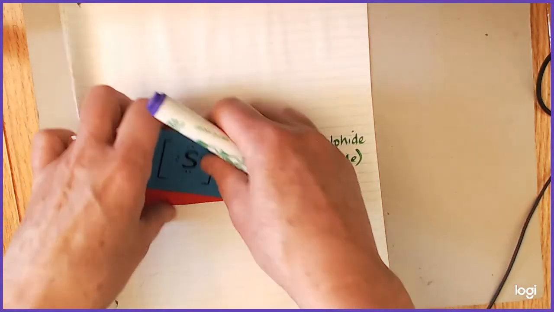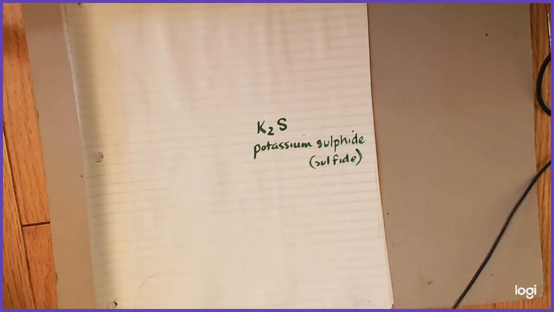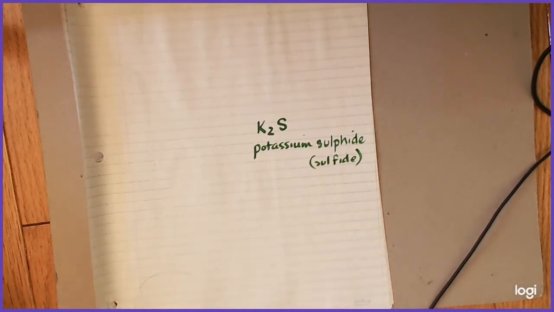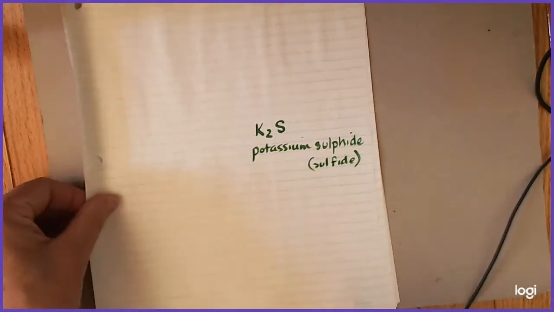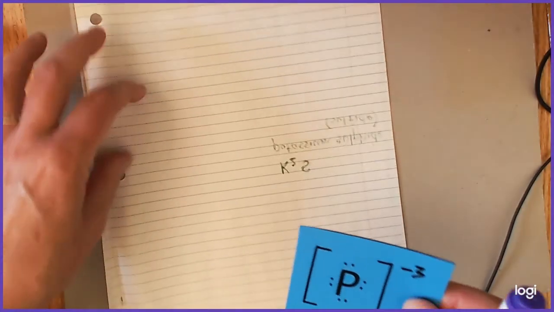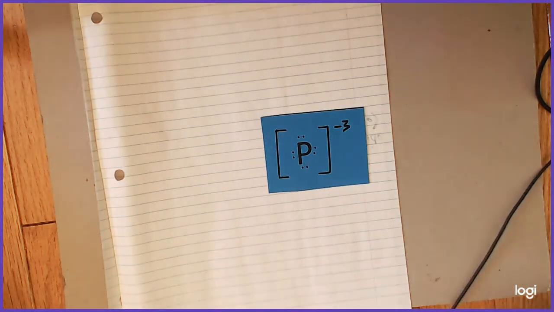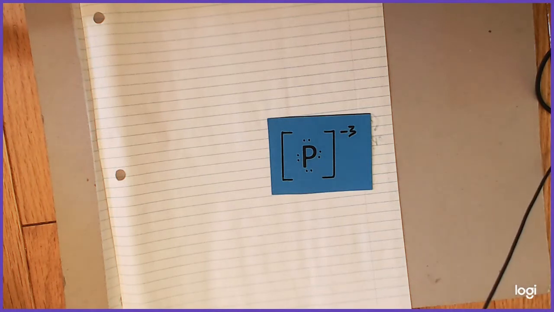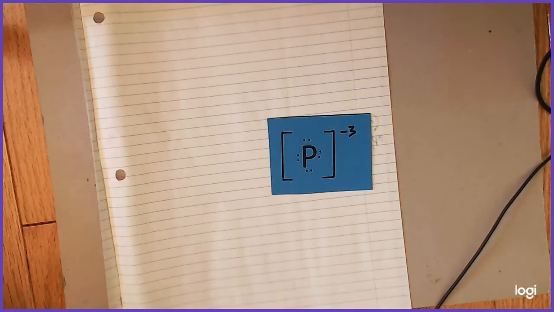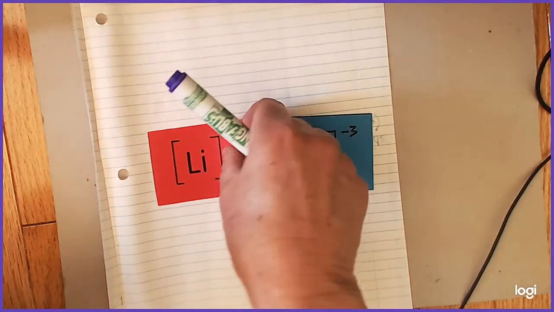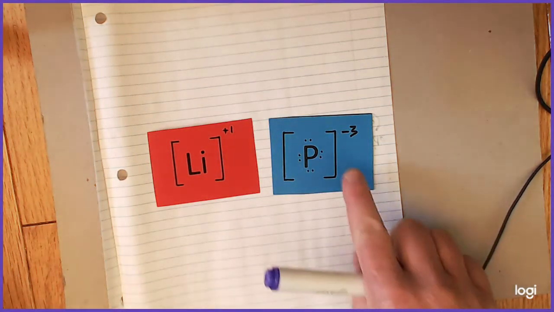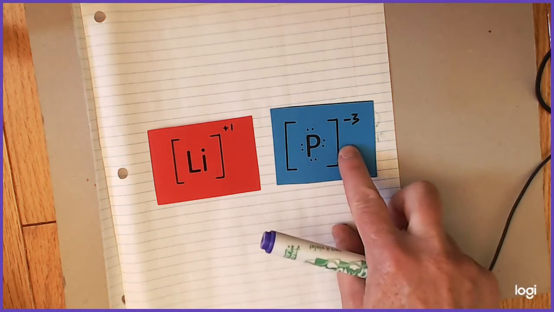Now I'm going to do one more, and then you're going to be able to go and work on your worksheet. So for this one, I'll flip the page over. We've got phosphorus, and let's just say we've got some lithium floating around. So there's a lithium. This one's got a charge of -3.